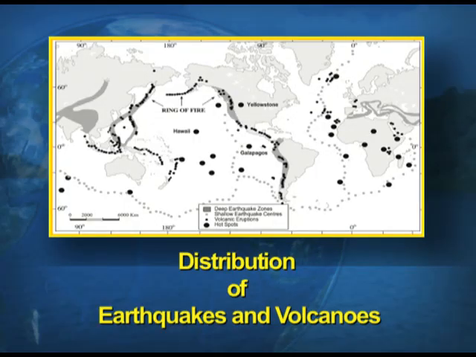If we have a look at the distribution of the earthquakes and volcanoes on the world map, you can see that we have a striking similarity with respect to the line through the central part of the Atlantic Ocean, almost parallel to the coastlines. A line of dots, you can see it over here.